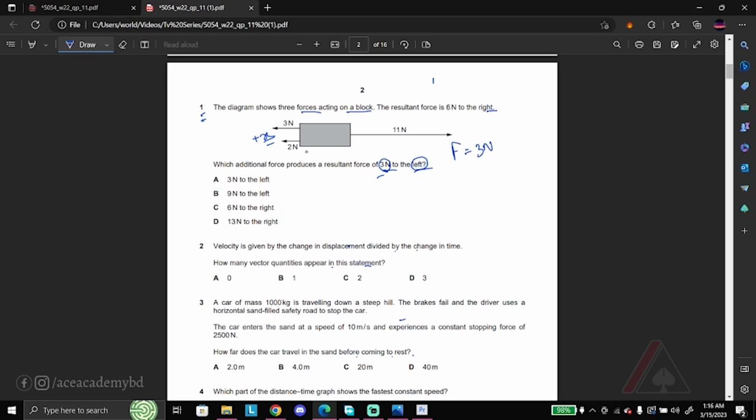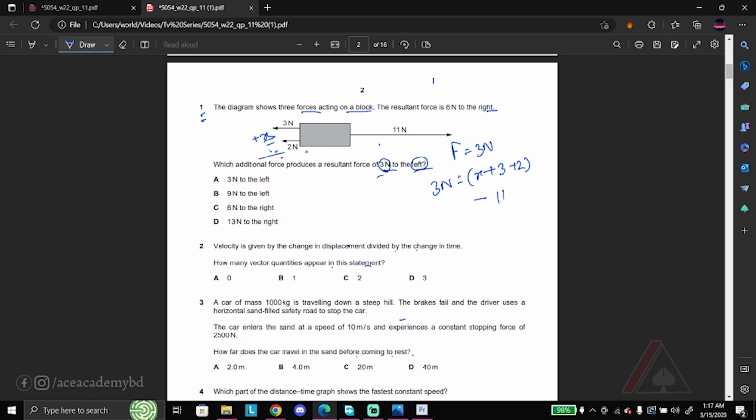So using the formula, 3 newtons should be equal to the subtraction of these two forces. So there's this total amount of these forces: x plus 3 plus 2, minus 11 newtons on the right side.